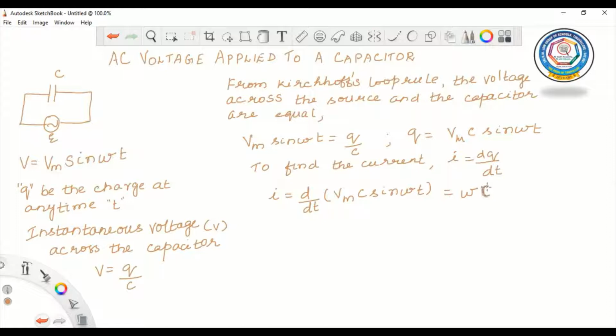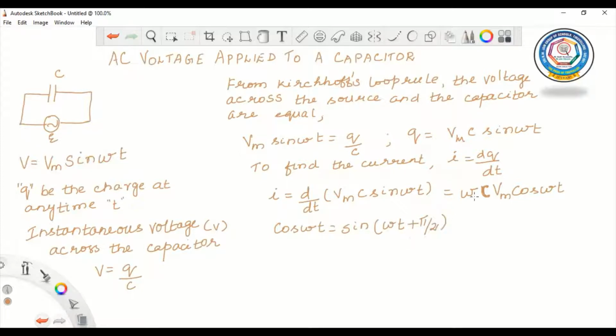So omega C Vm cos omega t. Now here, instead of cos omega t, we are going to substitute sin of omega t plus pi by 2, a trigonometric relation. So we can consider cos omega t is equal to sin of omega t plus pi by 2.